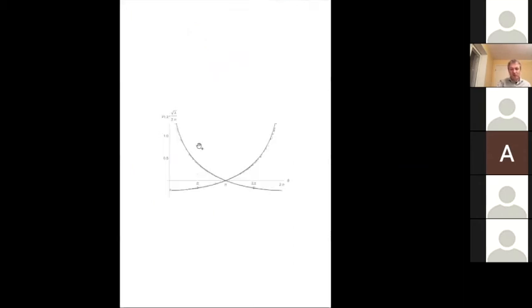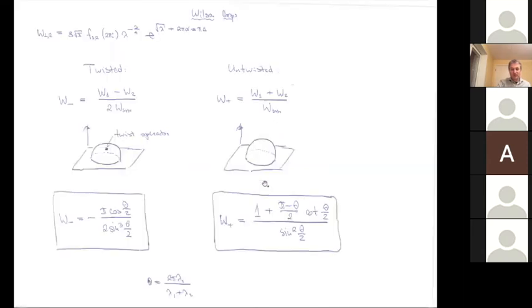In particular, one can compute the position of endpoints of the distribution. So here they are plotted as a function of the theta parameter. And one can compute Wilson loops. So here I write the answers for the twisted and untwisted Wilson operators.